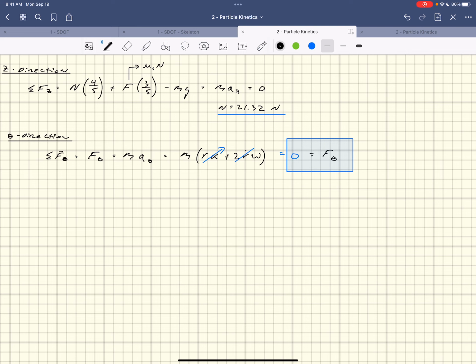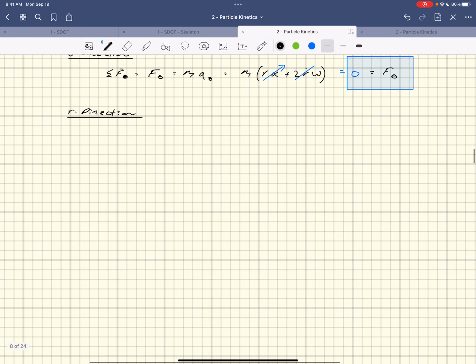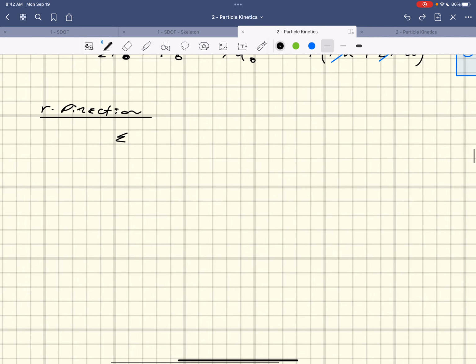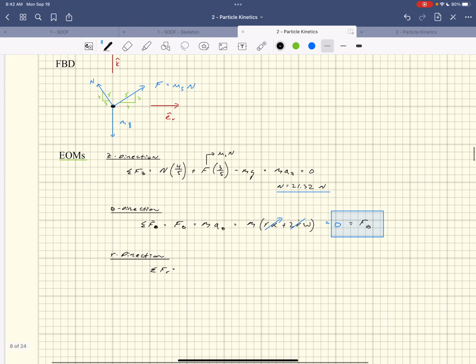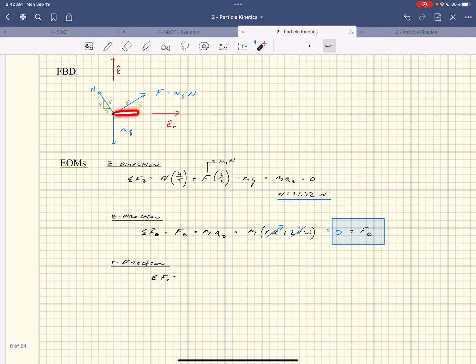Okay, so last direction to look is the R direction. Sum of the forces in the R direction. So you look over what's acting in the R direction. We've got that component of the friction force and that component of the normal force.